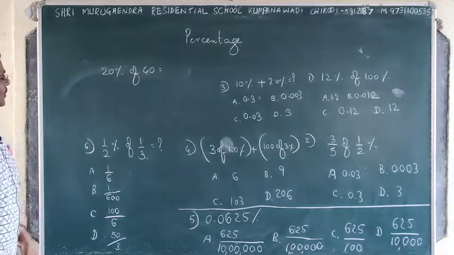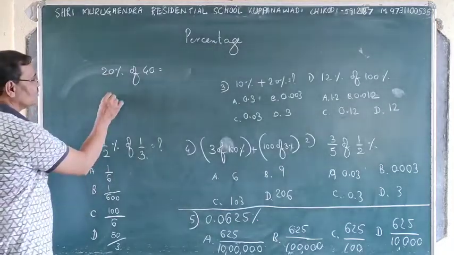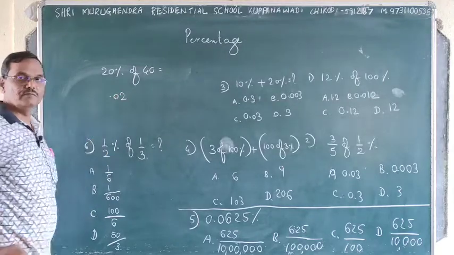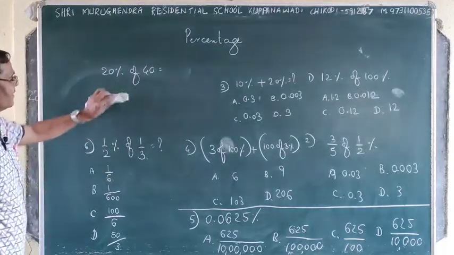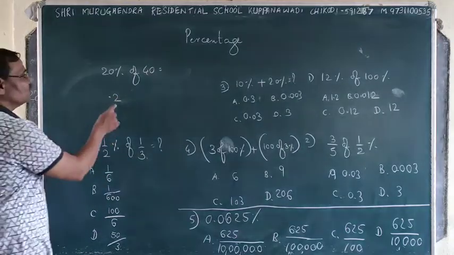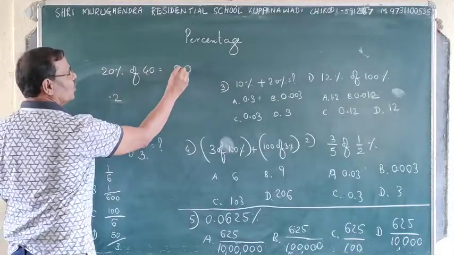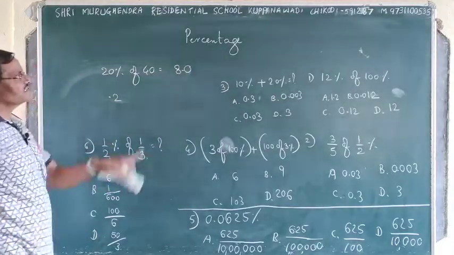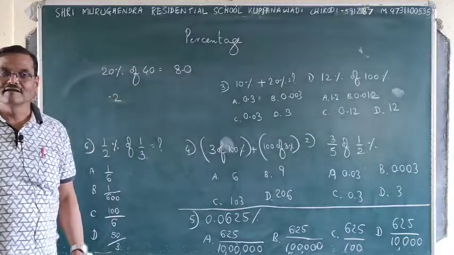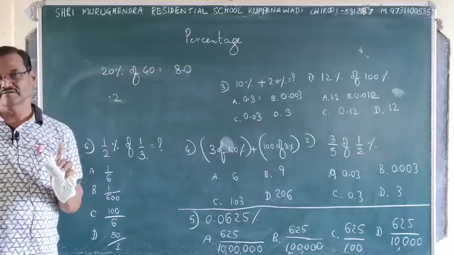How you have to do is, this is 0.2, it is. 0.2 for the 8, this is the one's place. That is nothing but 8 rupees. 20% of 40 rupees is 8 rupees.